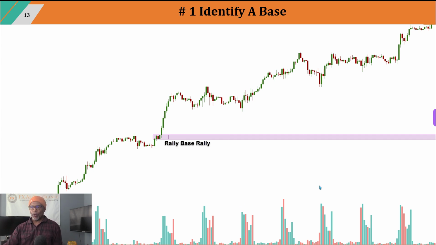In this case, what we have here is a rally-base-rally. This zone formed during a bullish move, and since it's a demand zone, we're looking to buy when price returns back to this zone. So basically, the demand zones are represented by the rally-base-rally and drop-base-rally movements, and the supply zones are represented by the drop-base-drop and rally-base-drop movements, and we'll be talking about those as we go further.